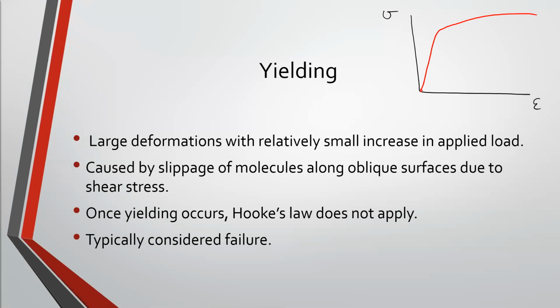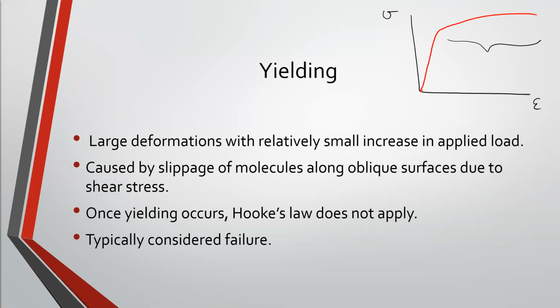And then you get into what we call the yielding region. So that would be this region over here. And now you start having very large increases in deformation, but only small increases in load capacity.